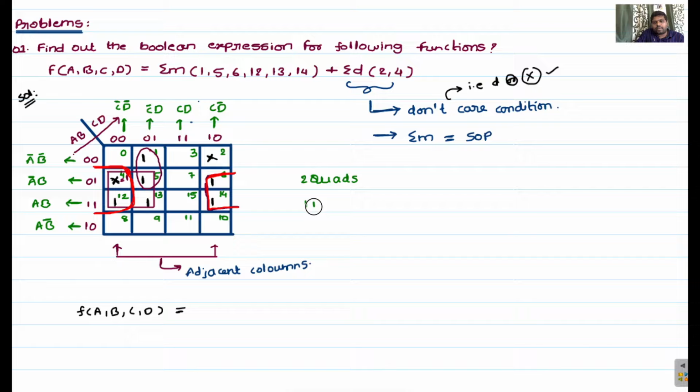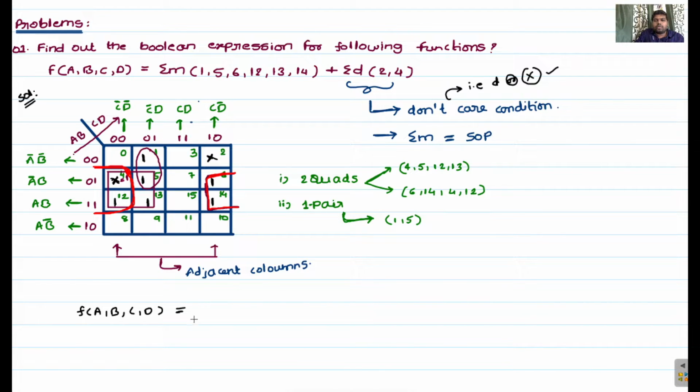Out of the 2 quads, one is 4, 5, 12, 13, and the second quad is 6, 14, 4, 2. And the pair is 1, 5. These are the possible groups.